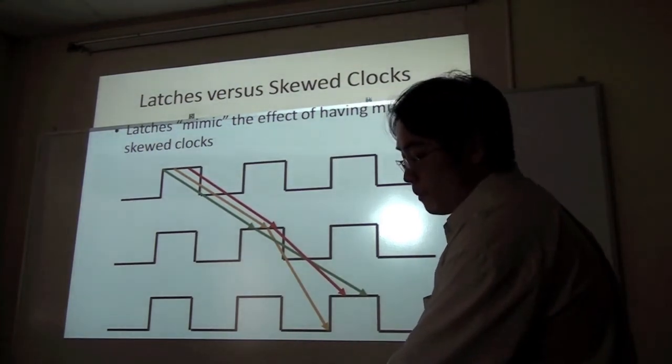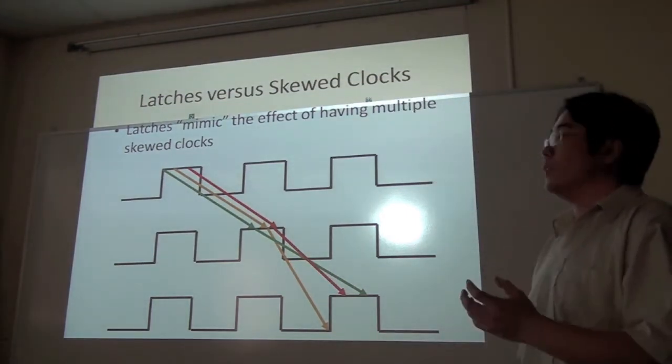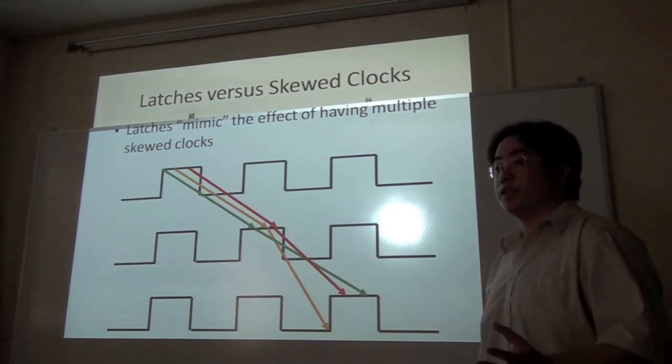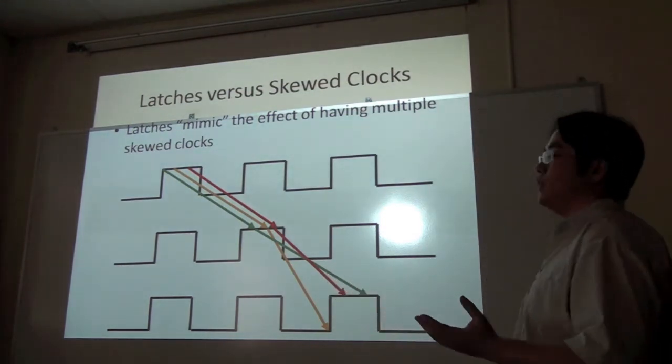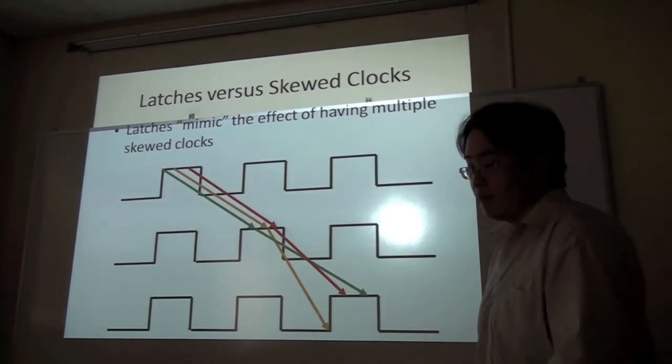This is analogous to the fact that you only steal from your neighbor whatever is necessary. You don't steal more than what you need. But this is not true if you use clock skew with flip-flops.